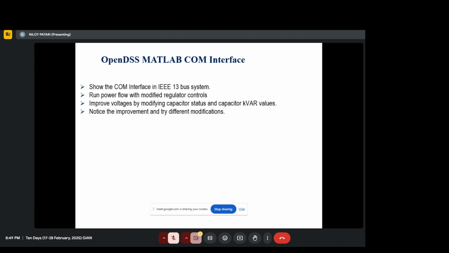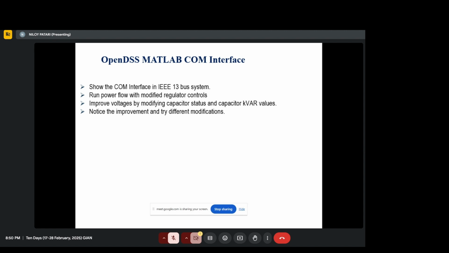Now, how do you know if these set points will solve your problem, right? Suppose initially in OpenDSS, when you run power flow, there is a voltage issue. You send all the voltage measurements to MATLAB. In MATLAB, the optimization problem gets solved, and then you send the set points back to OpenDSS.